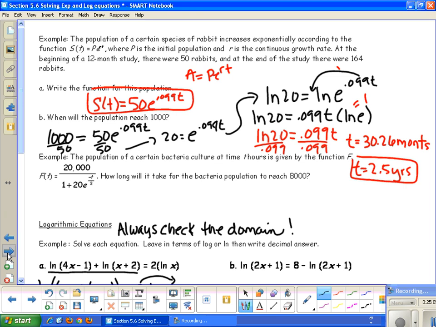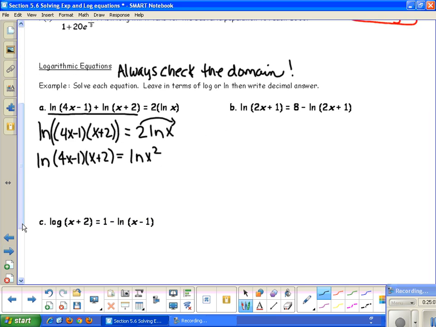So we can use that property to help us solve this equation. Since I have natural log here and here, this and x squared have to be equal to each other. So 4x minus 1 times x plus 2 has to be equal to x squared.